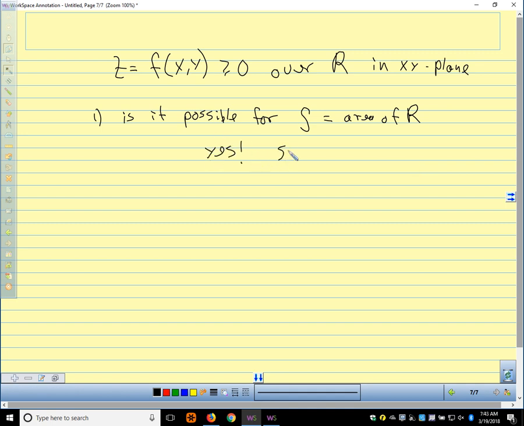So I'd say sometimes. We need a plane parallel to the xy plane. That's such a good one. So our surface would be z equals a constant.